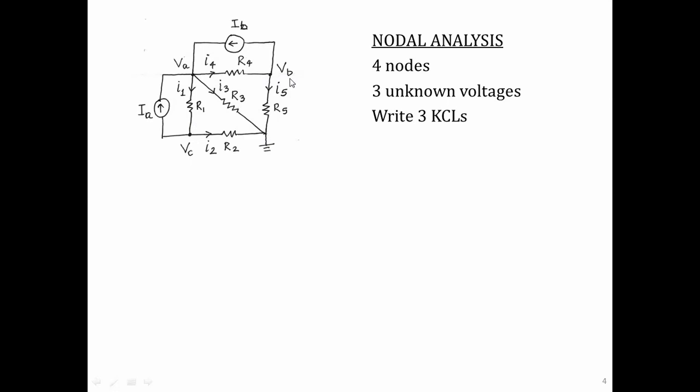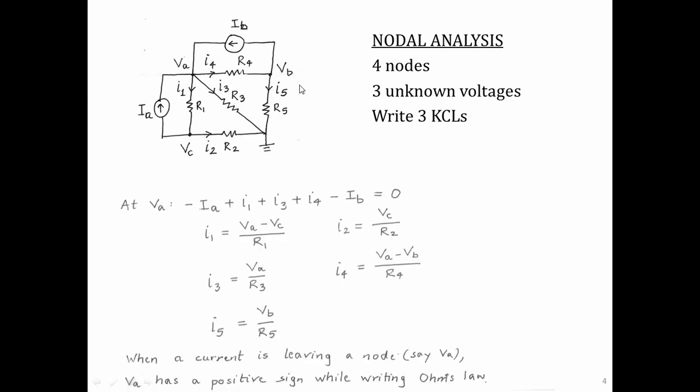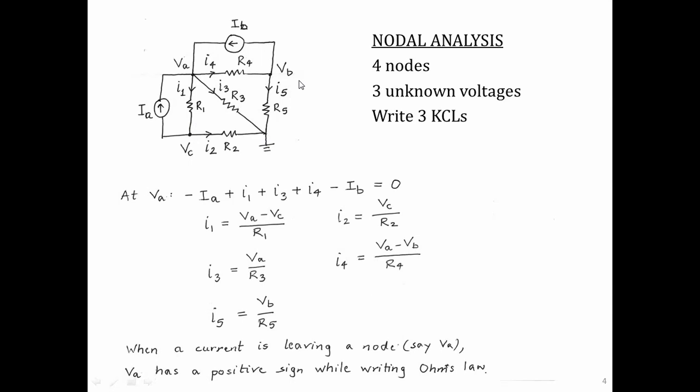So now let's go through the method here. Here are the equations. We'll write 3 equations for the 3 nodes. At each node we'll write the equation, and as we go along we'll see that there is a method and there is a rhythm, a symmetry, to the way these equations turn out.